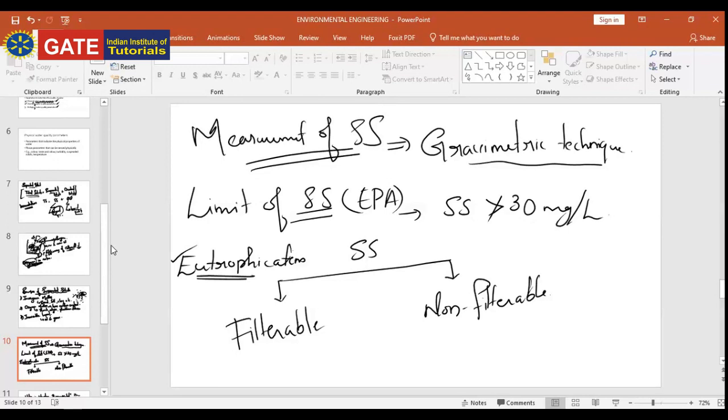So eutrophication happens when in a water body you have an algae cover or a plant cover over it. Here sunlight is coming from above, and all the sunlight is taken up by these surface plants only. So there won't be any sunlight penetrating into the water. What are the advantages of sunlight coming in?